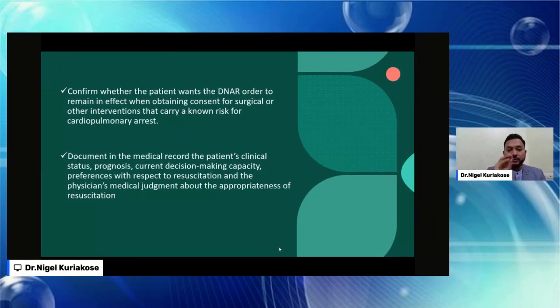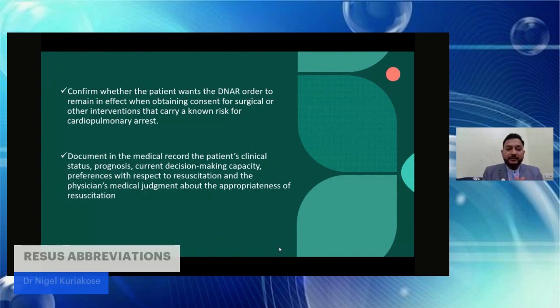This is something that we'll be touching mainly on as we progress in this presentation. We also need to document in the medical record the patient's clinical status, prognosis, current decision-making capacity, preferences with respect to resuscitation, and the physician's medical judgment about the appropriateness of resuscitation.